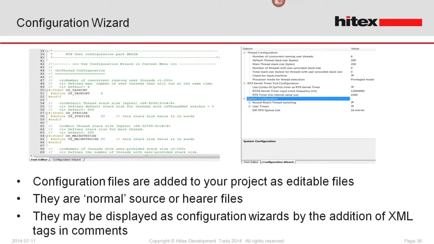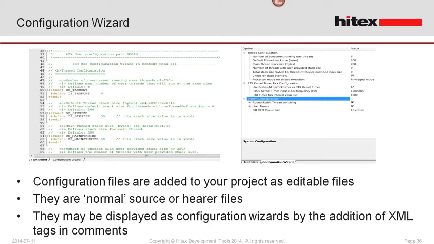But by using these tags in the comments, we can have a configuration wizard which then allows us to graphically edit and modify these hash defines and really see what they mean and provide tooltips and help comments, etc. That allow our users to very quickly understand and configure the system.